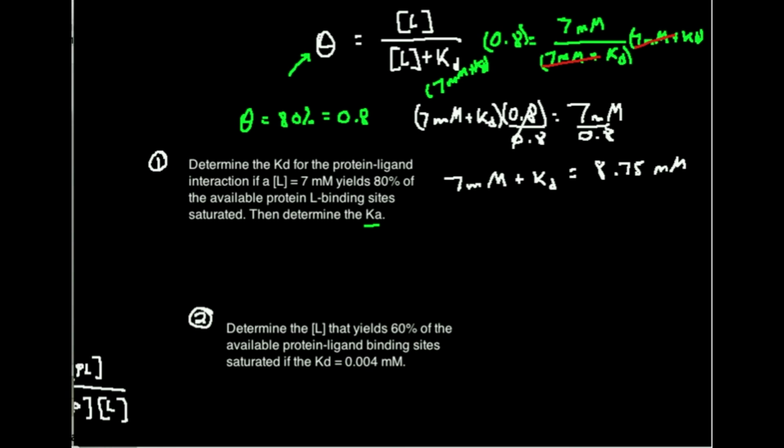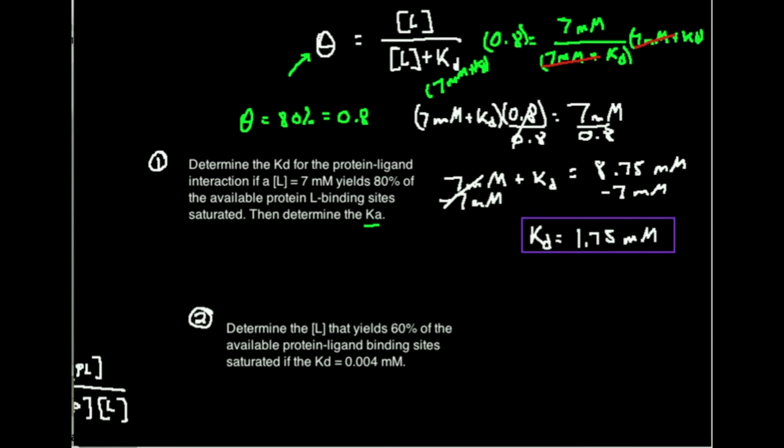Now I'm going to subtract 7 millimolar from the other side, and what I get is that the KD is equal to 8.75 millimolar minus 7 millimolar, which is ultimately going to be 1.75 millimolar. And so that is going to be the KD of this interaction.